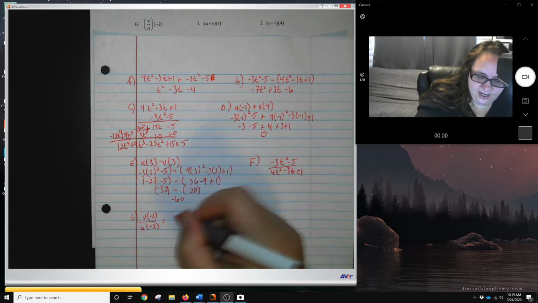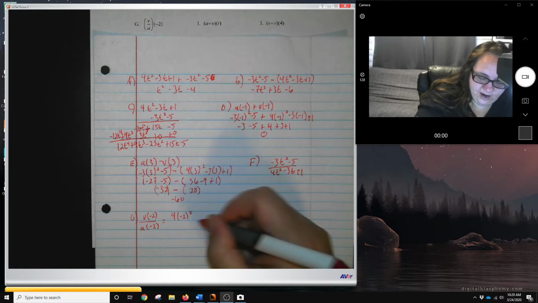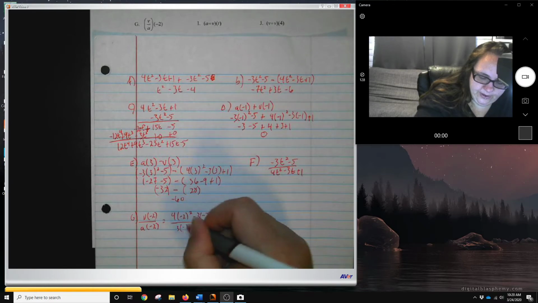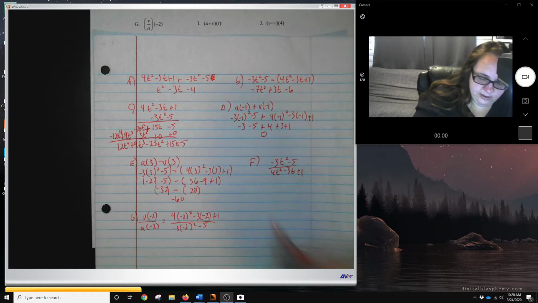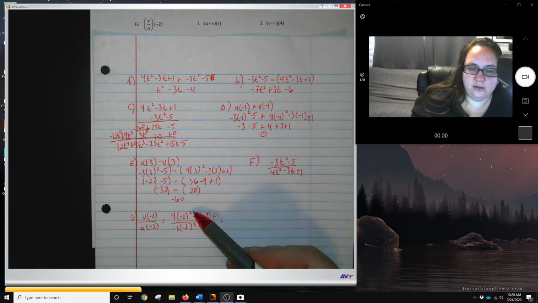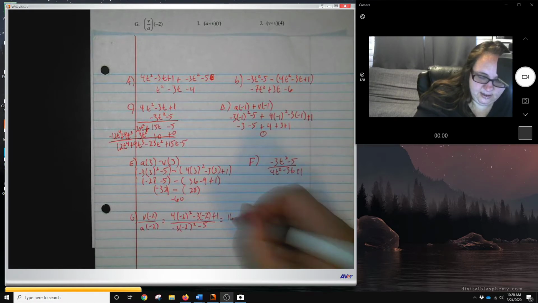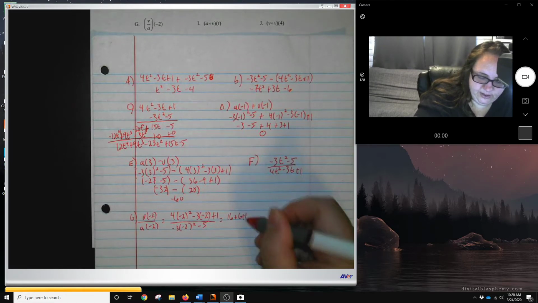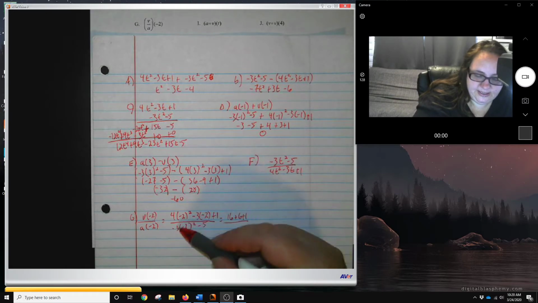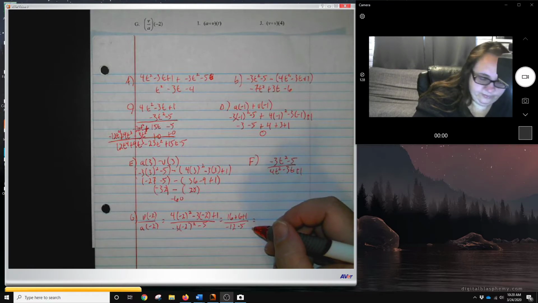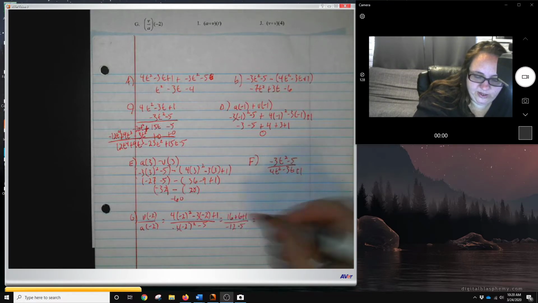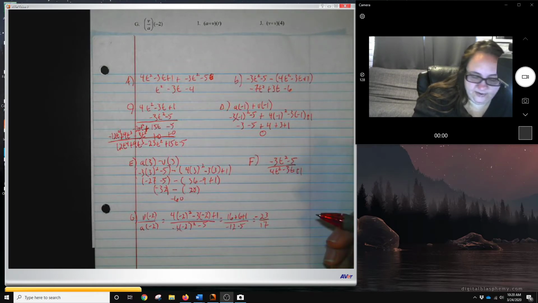So that's going to be 4 times negative 2 squared minus 3 times negative 2 plus 1, over negative 3 times negative 2 squared minus 5. 4 times 4 is 16, plus 6 plus 1 is 23. Negative 3 times 4 is negative 12, minus 5 is negative 17. So the whole thing is negative 23 over 17.